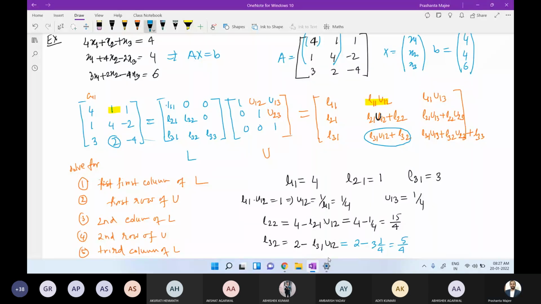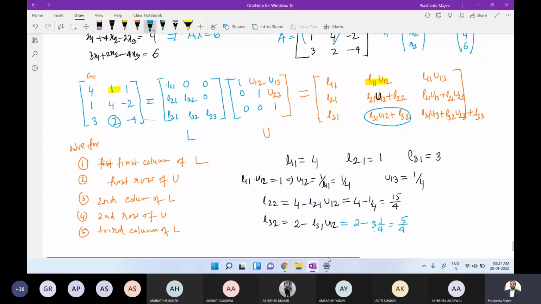Okay. Then the second column of L is done. So next it will be the second row of U. Who is in the second row of U? U23. So from where will we solve U23? To solve U23, you have to consider this element with this minus 2.